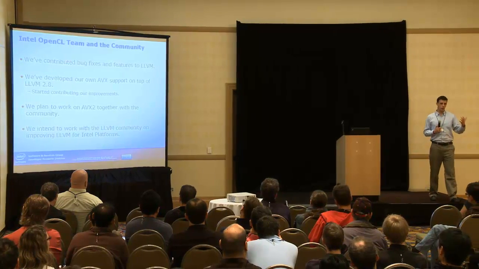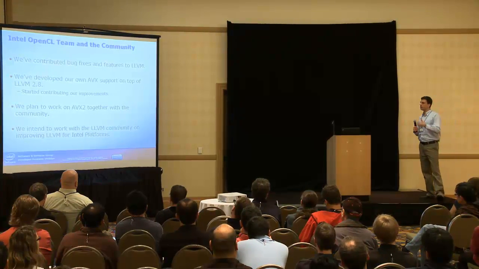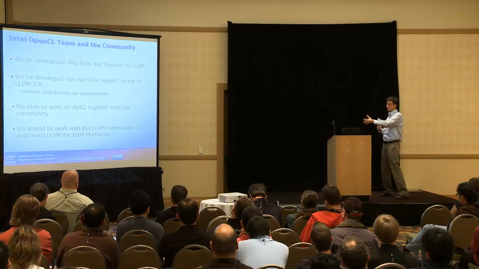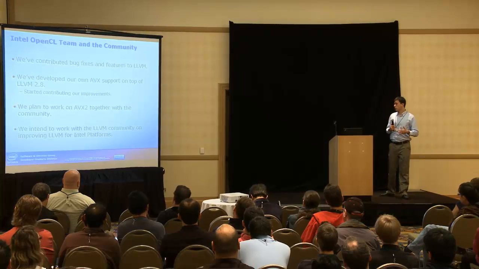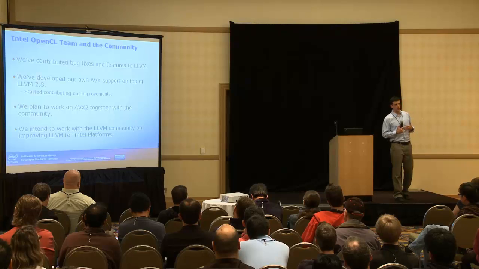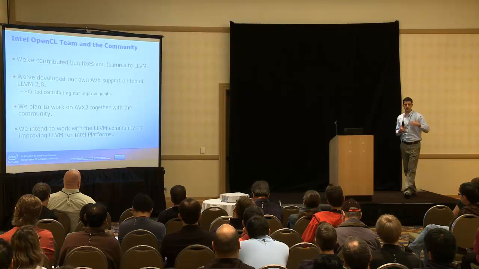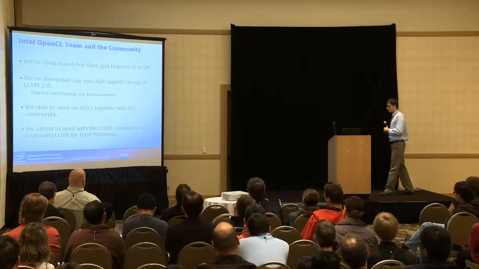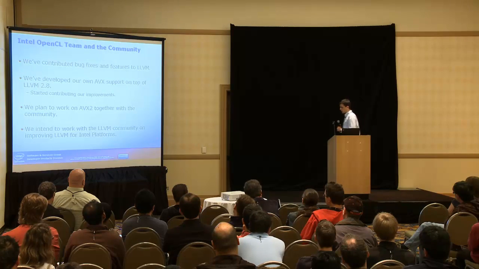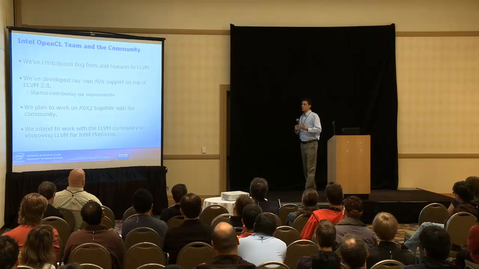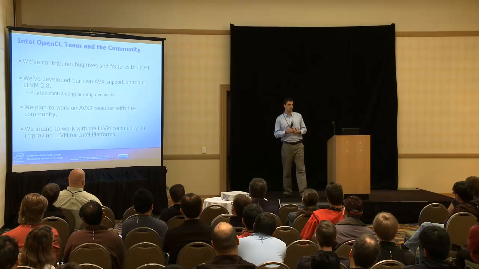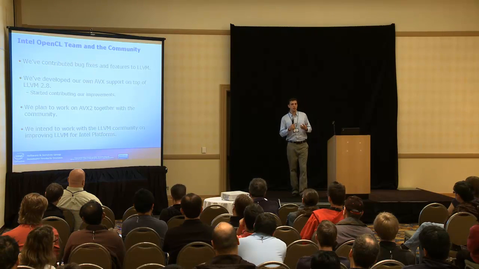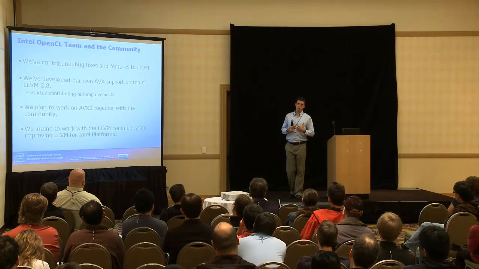So in the future, we're going to work closer with the community, and this work has already begun with AVX2. We're more involved, and we've also started to release our changes and improvements to LLVM's AVX, which came from our branch. To give an example, Windows calling convention for AVX, better shuffles, and JIT support for AVX.